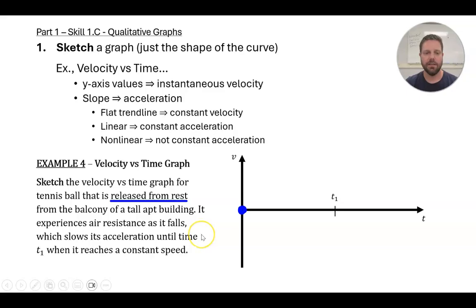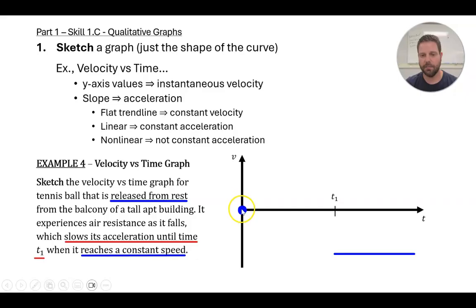But the idea here is that it's going to end up at time t1 at a constant speed. So although I know it slows its acceleration, it's going to reach a constant speed. So I'm going to make sure I know that this is going to be a flat trend line because it's a constant velocity after t1.